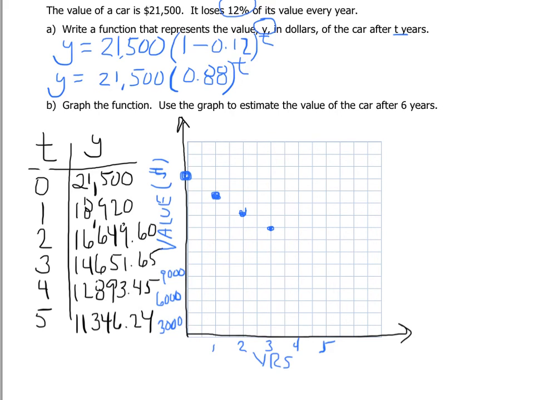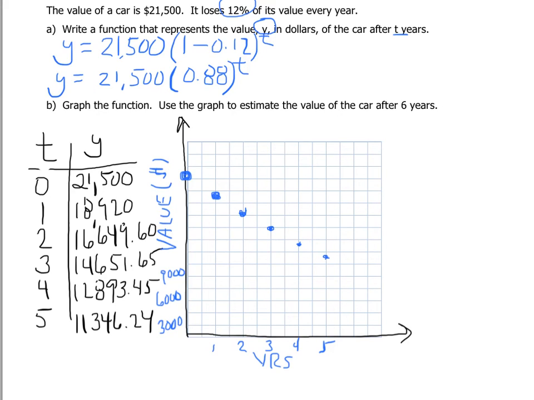And then I would move to the next one at 13,000 roughly. So that one's going to be a little bit into this area, and 11,346 for year 5 is going to be someplace there.